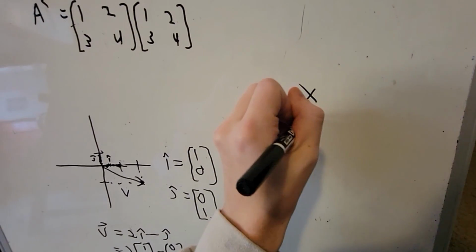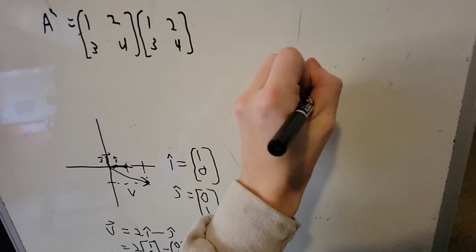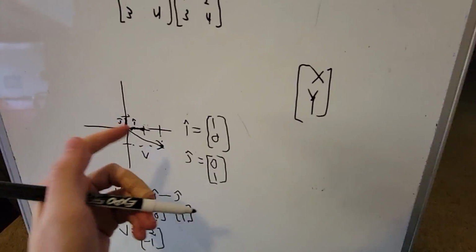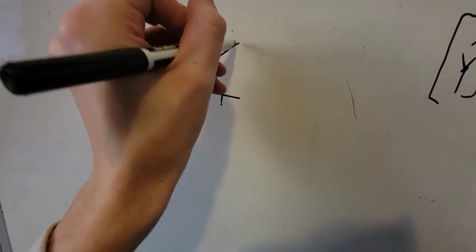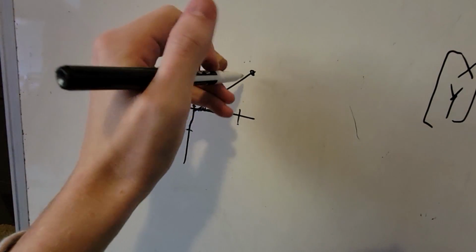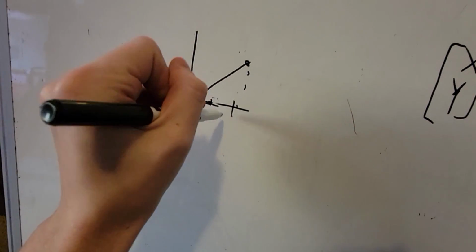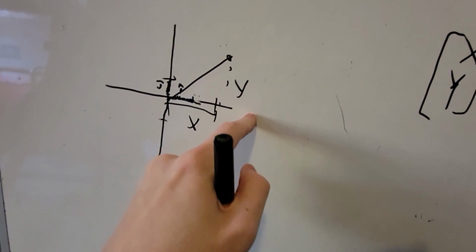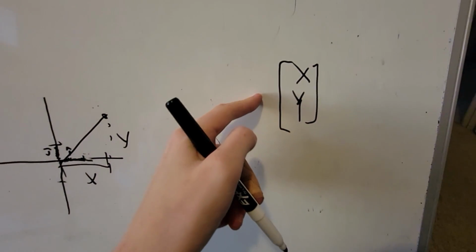So now we have a new matrix, [x, y]. It corresponds to some point arbitrarily as a matrix. So this is a distance of x away. This is a distance of y away. It corresponds to this vector.